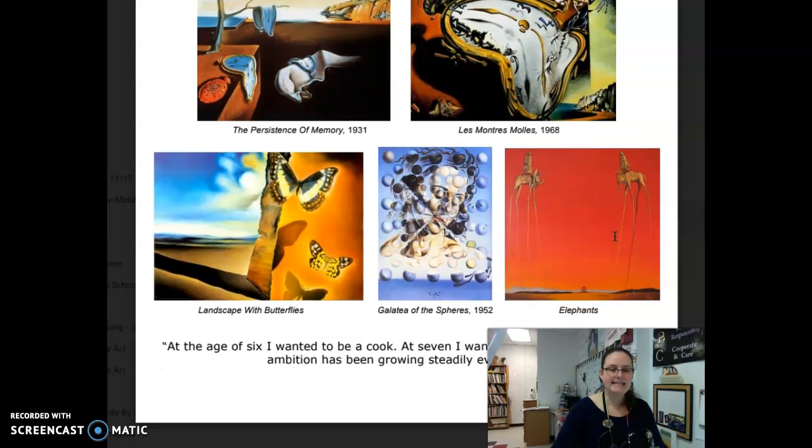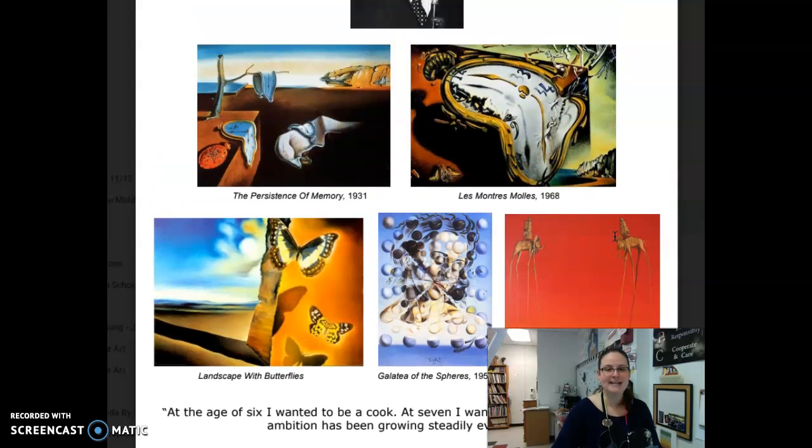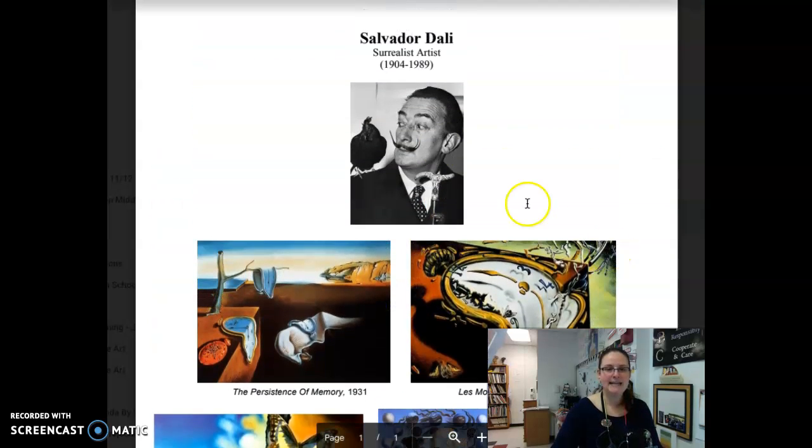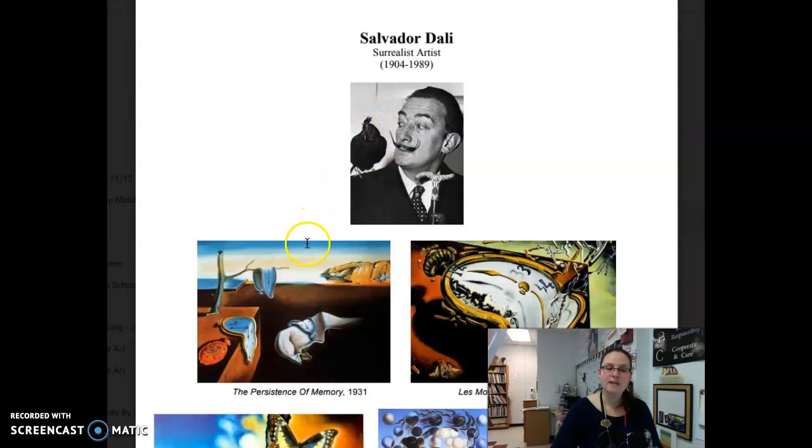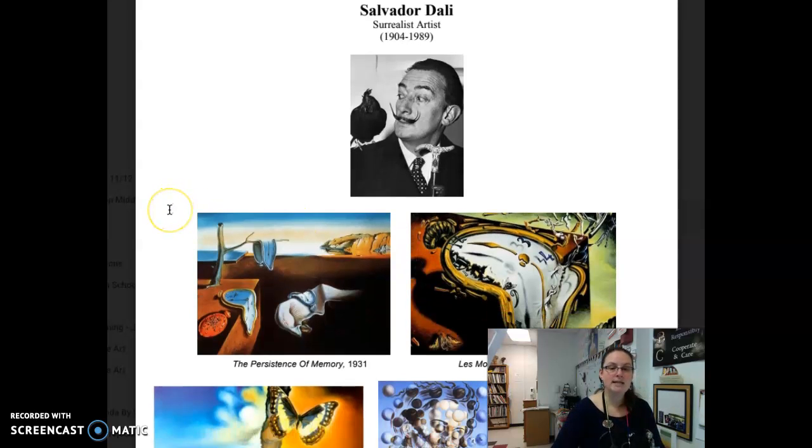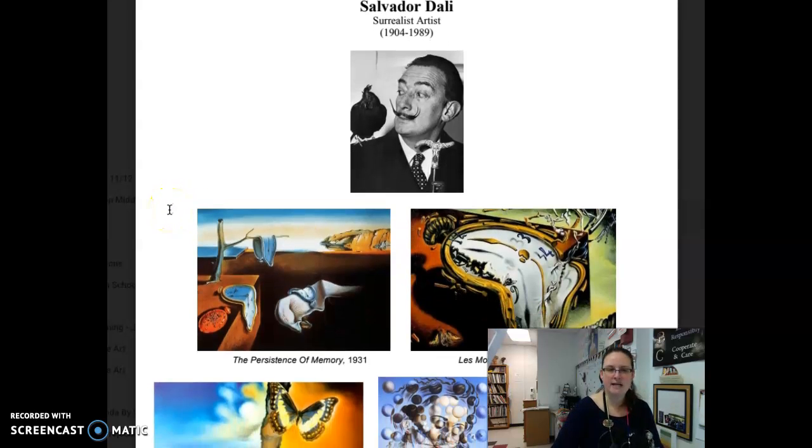And he did say that when he was 6, he wanted to be a cook. At 7, he wanted to be Napoleon, and his ambitions just grew steadily ever since. I believe in this picture, this was his pet chicken. Not only did he do paintings, he did a lot with photography as well. But surrealism is a really fun era of art history to examine.